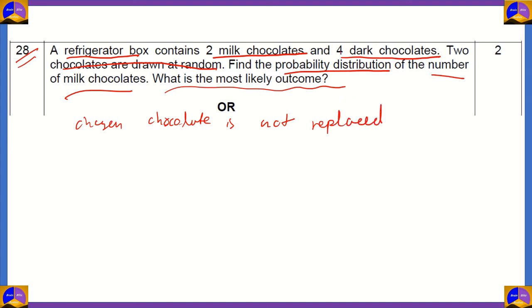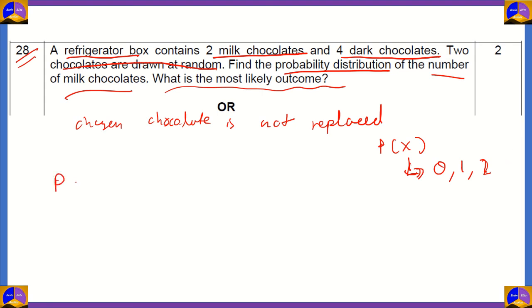Another thing is that since we have 2 milk chocolates and 4 dark chocolates, and 2 chocolates are taken at random, we need to find P of x. Now the value of x can be 0, 1, or 2. That means you can choose all dark chocolates, 1 milk and 1 dark chocolate, or 2 milk chocolates.